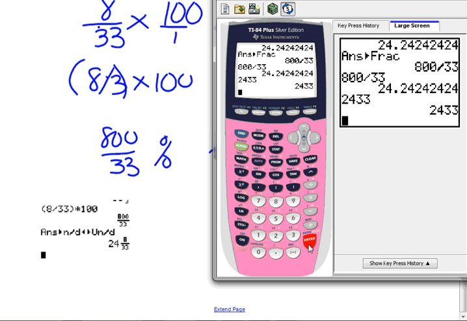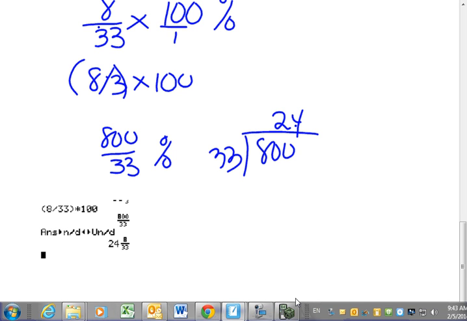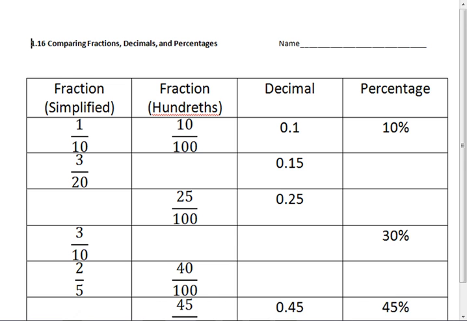Sometimes I press the buttons too fast. It's 792. And then I subtract. Remainder 8. 8 over 33. That's how you do it if you don't have a fraction calculator. But the little ones have that ability. Sorry, the 83s don't.